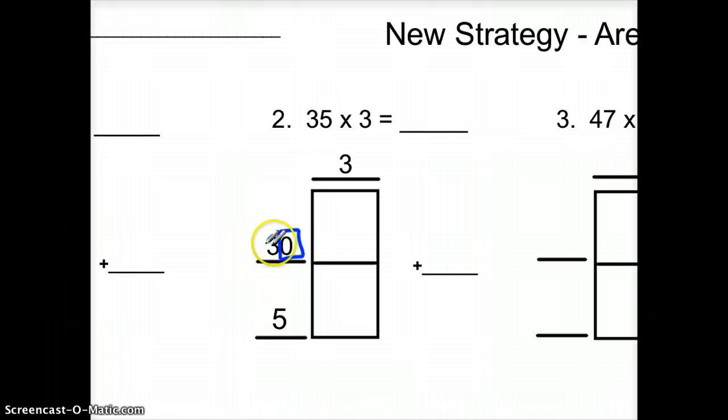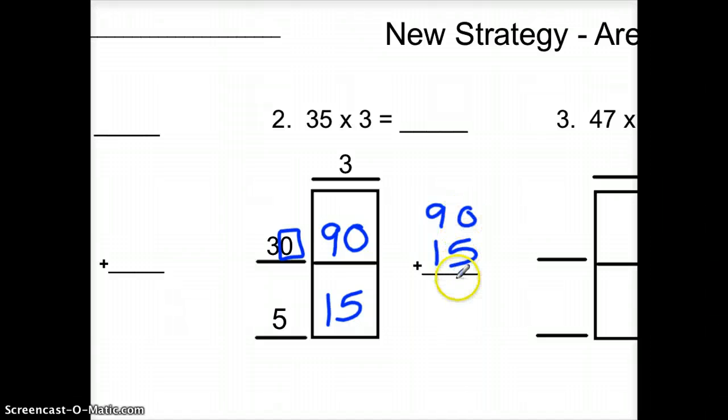So now the problem is just 3 times 3, which equals 9 plus a 0. Bottom box is 5 times 3, which is 15. So my two products are 90 plus 15. 0 plus 5 is 5. 9 plus 1 is 10. 105.